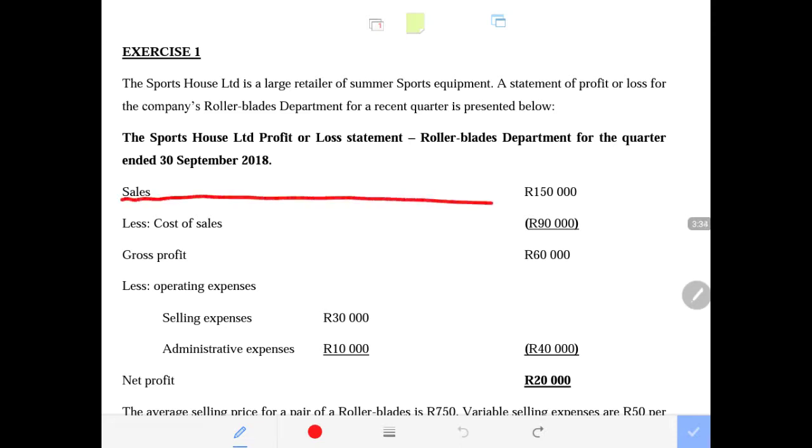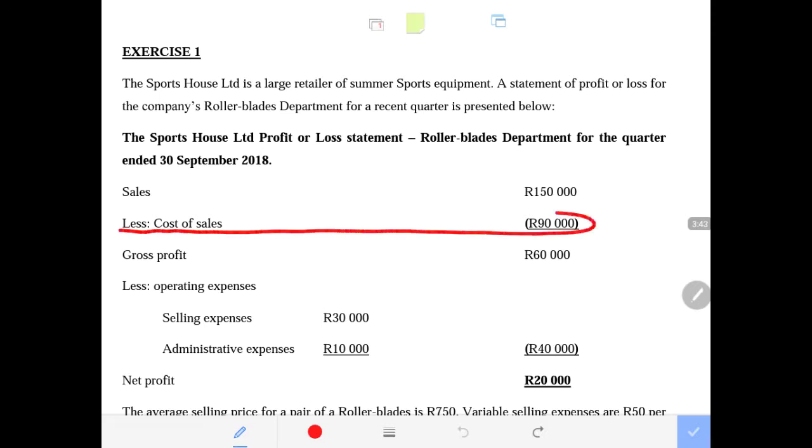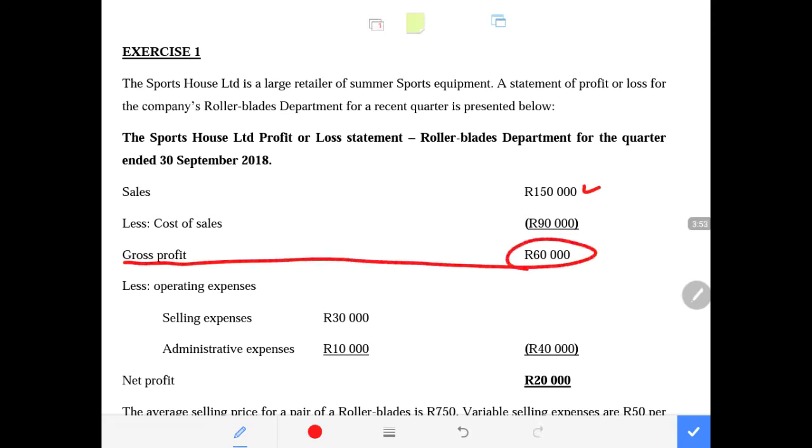Under sales, we have the amount of 150,000 rands, and our cost of sales is 90,000 rands. If we say sales minus 90,000, it gives us what we call the gross profit, which is 60,000 rands.